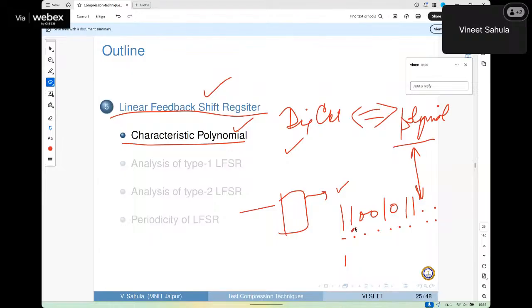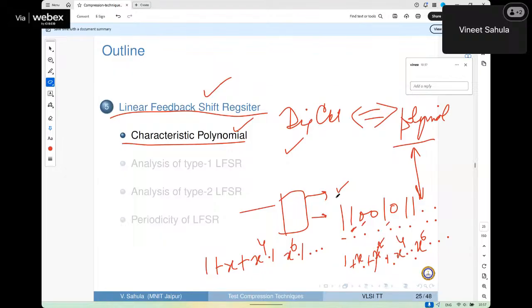I say this is delayed, this could be X. This could be X square. It's absent. So this is X4 present, X6 present, and so on and so forth. If these are delay elements, even if I put some summation in between them, it doesn't matter. So this sequence I can represent by 1 plus X, X4, X6, like that.